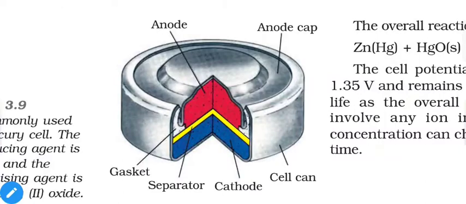Here we have an image of our mercury cell, also known as a button cell, because it is very small in size and round in shape. That's why they are referred to as button cells. So we have the anode, anode cap, separator, gasket, cell can, etc. in this structure.